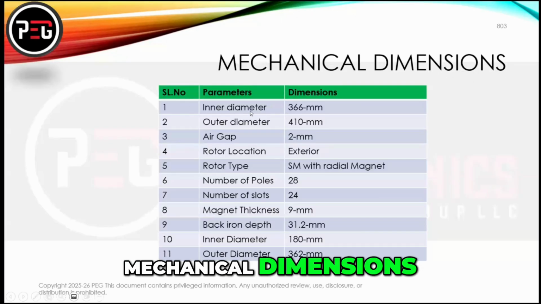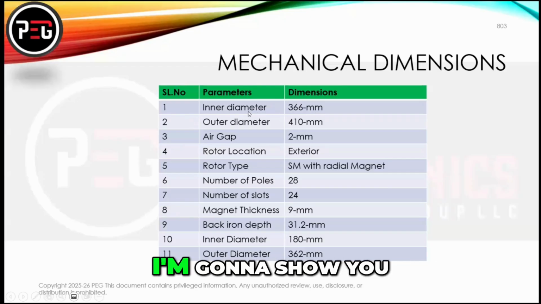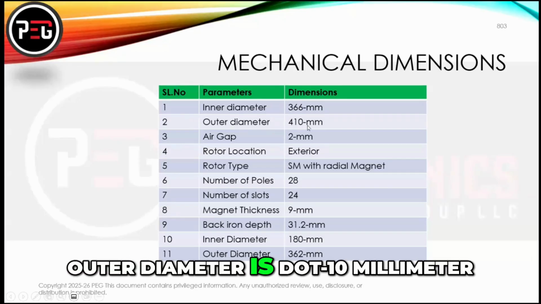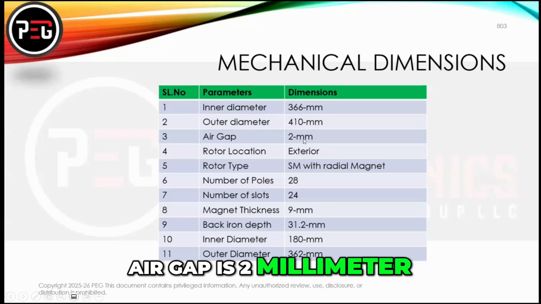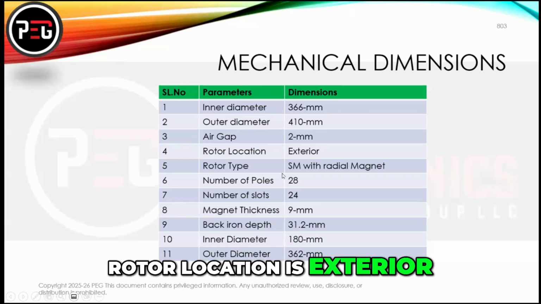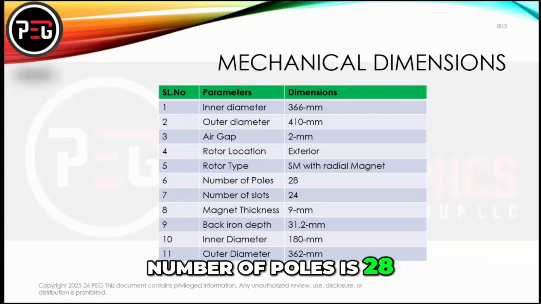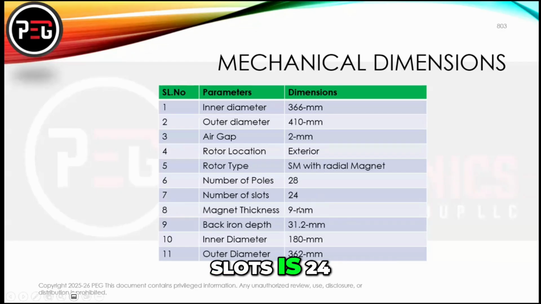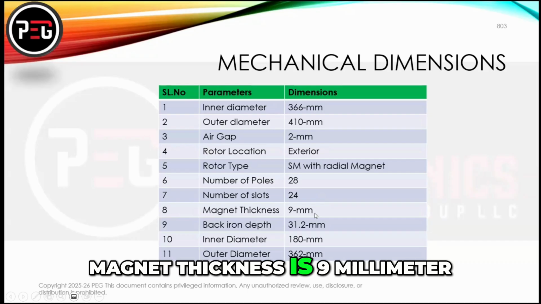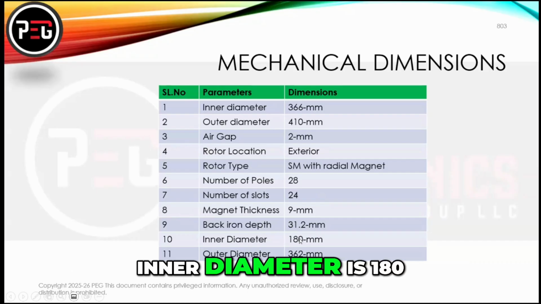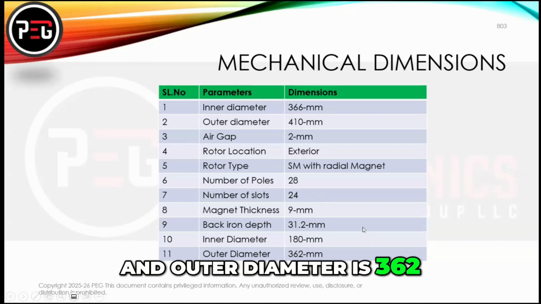So mechanical dimensions, the one example I'm going to show you: inner diameter is 366 millimeter, outer diameter is 410 millimeter, air gap is 2 millimeter, rotor location is exterior, rotor type is surface mount magnets with radial magnet, number of poles is 28, number of slots is 24, magnet thickness is 9 millimeter, back iron depth is 31.2 millimeter, inner diameter is 180, and outer diameter is 362.